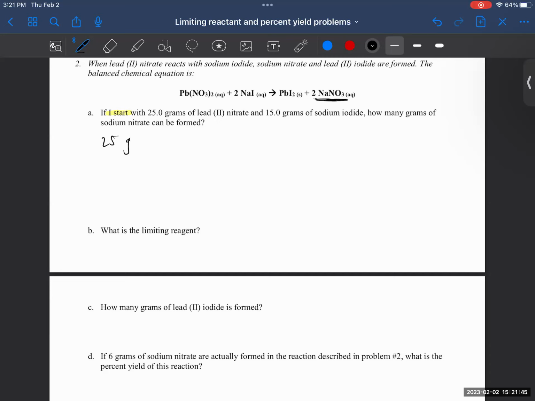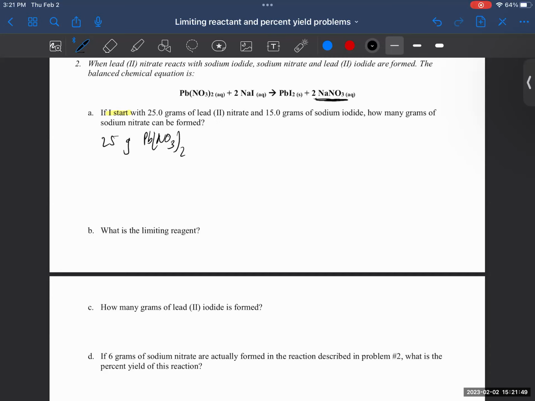So 25 grams of Pb(NO3)2. And then what is the molar mass of lead? The molar mass of lead is 207 grams per mole. So we're going to do 207 plus 28 plus 96 again, because that's 16 times 6, 331 grams for every 1 mole.